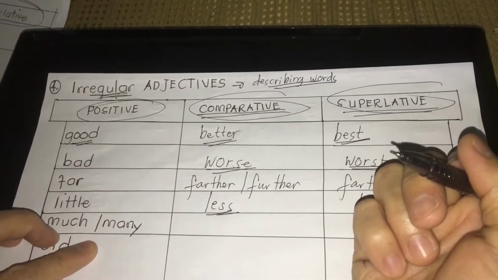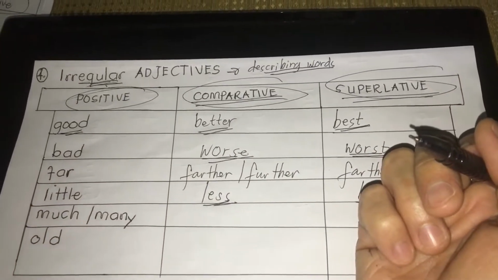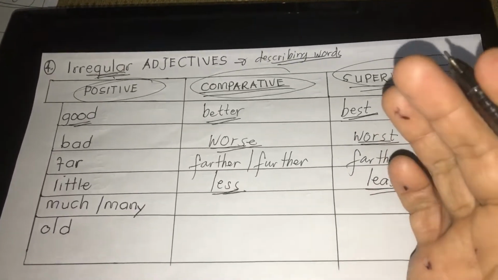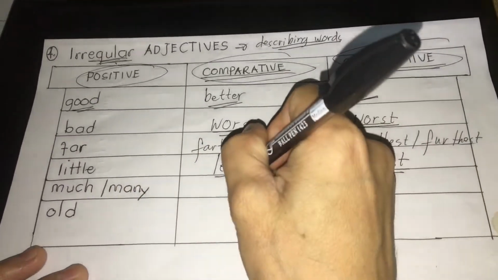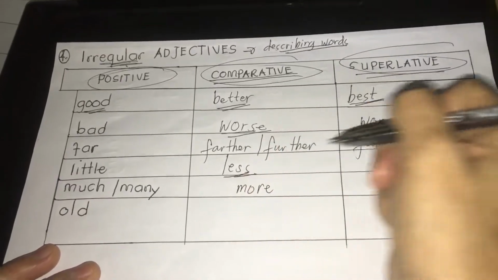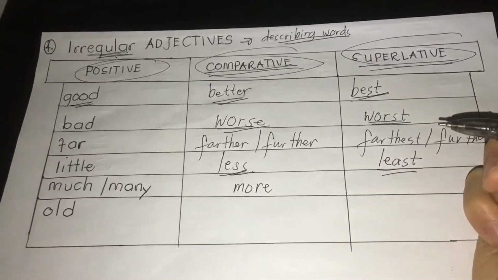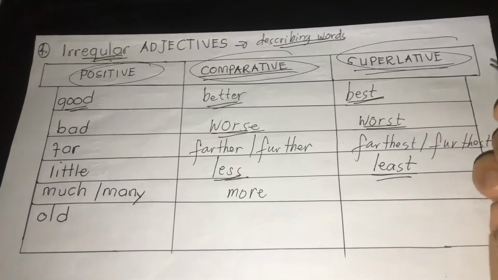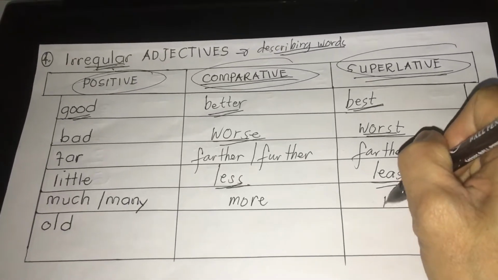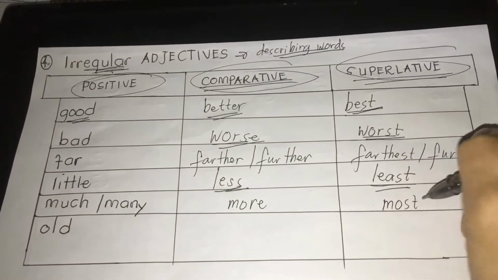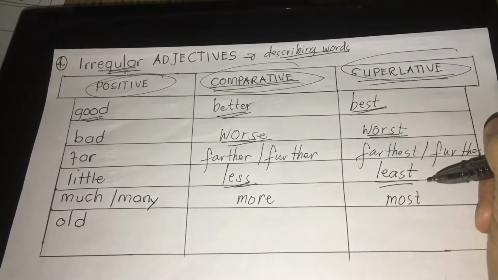Much, many. So in comparative, remember two or more, we can write more. What about in superlative? Three or more, we compare three things or more persons. Most, like that, most handsome among all.